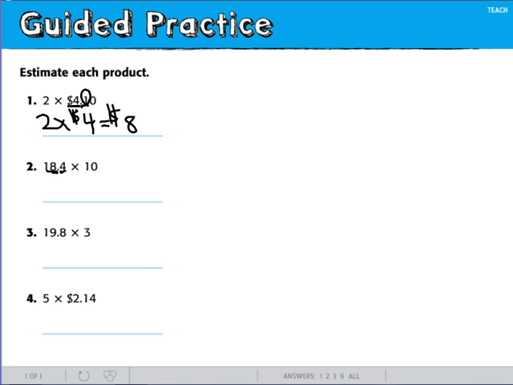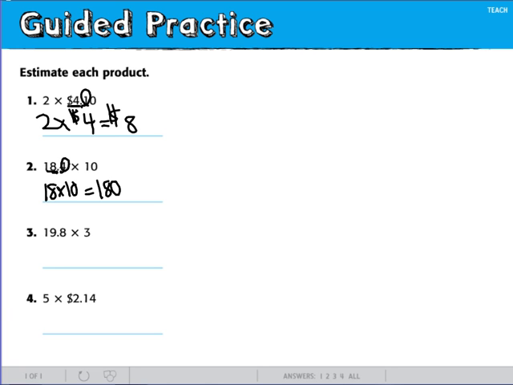I look next to the 8. What's there? 4. So I'm going to leave the 8 alone because it's less than 5. So it's 18 times 10. 18 times 10 equals 180. If I added 18 and 10, you would get 28, but we're multiplying. 180.